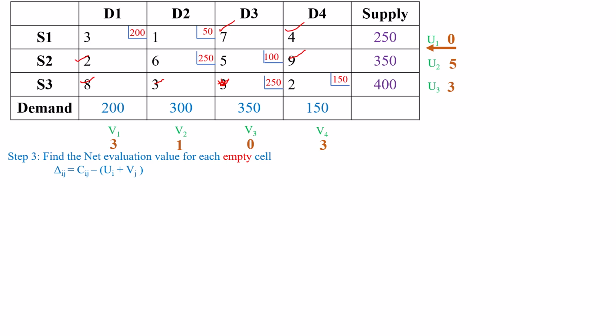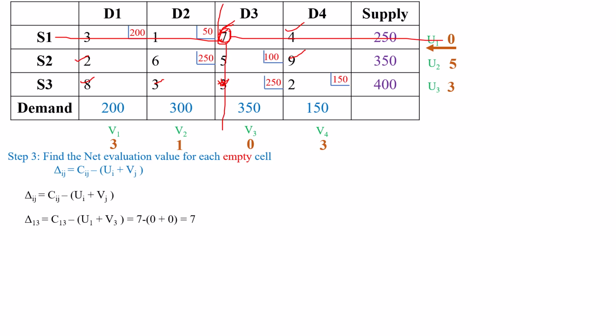The first empty cell is first row and third column, that is delta 13. So delta 13 equal to C13 minus of U1 plus V3. We know the C13 value, and we know U1 as well as V3. Then substitute: C13 value, U1 value and V3 value, that is 7 minus of 0 plus 0. So delta 13 value is 7.